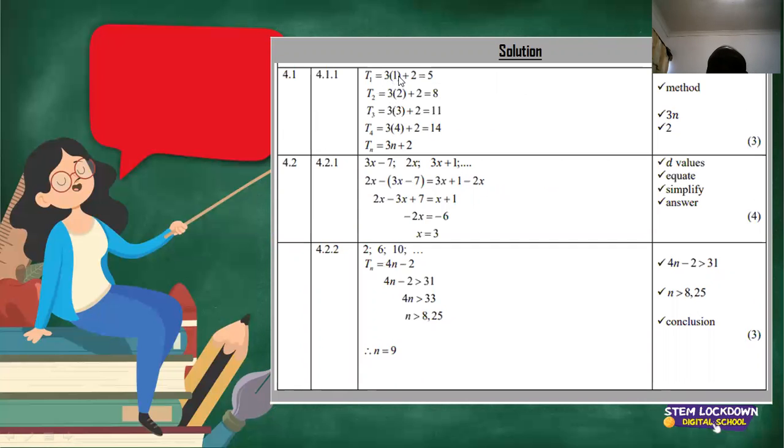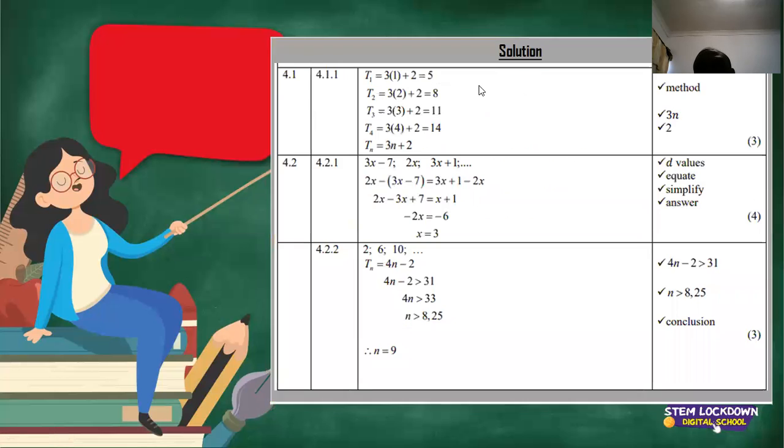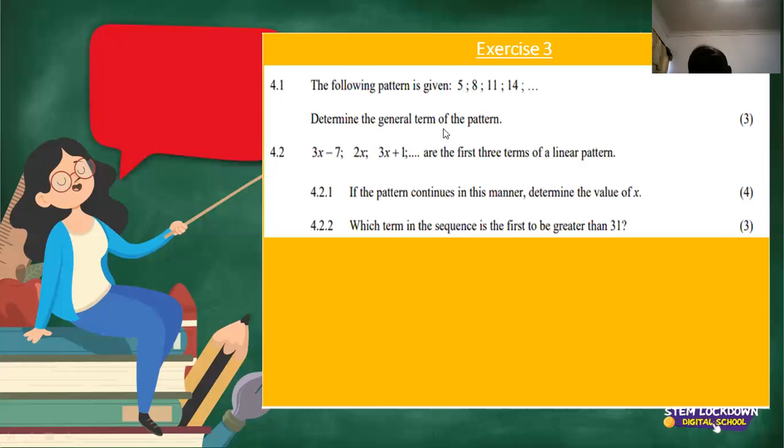So again, the formula is Tn equals a plus n minus 1 times d. What's the value of our a? The value of our a is 5, and our common difference is 3. So Tn equals 5, which is our a, plus bracket n minus 1 times d.